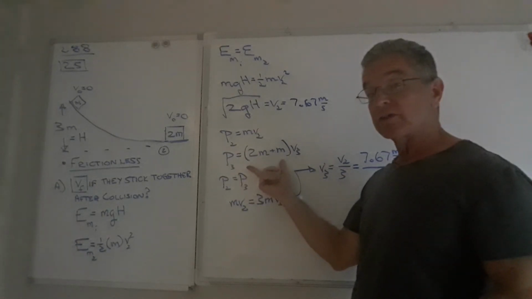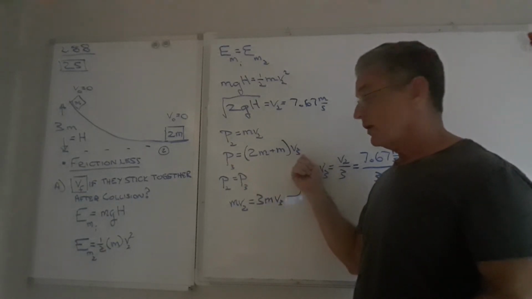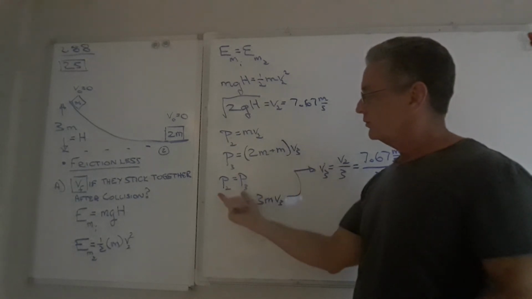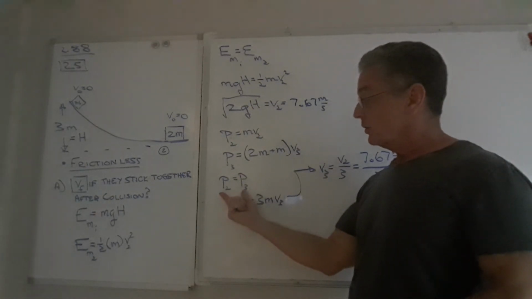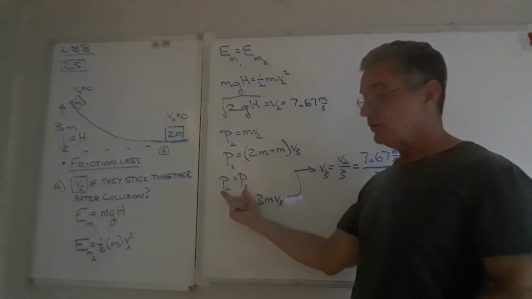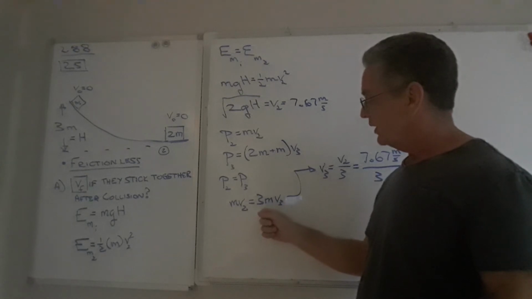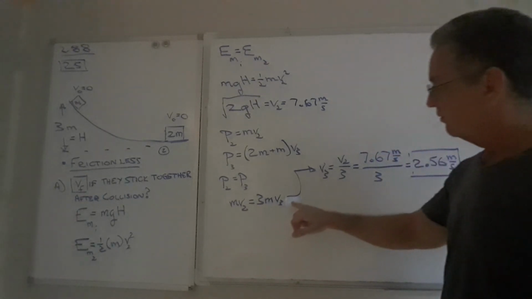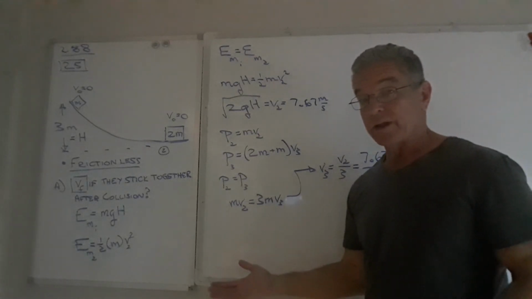That's going to be the mass of both things together, 2m plus m, times whatever that final velocity is of the two stuck together. That's what we're looking for. So now we're employing conservation of momentum. Momentum before is equal to the momentum after the collision. And so mv2 is equal to 3mv3. Now we can solve for v3, and notice m cancels, so that's why they didn't give us a mass.